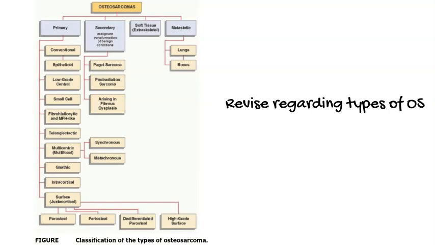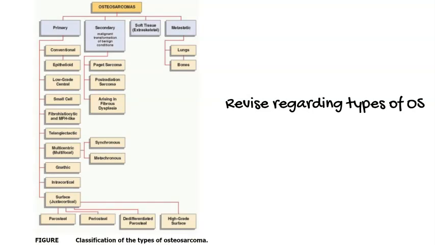For primary, it can be divided into conventional, epithelioid, low-grade central, small cell, fibrohistiocytic, telangiectatic, multicentric, that can be synchronous or metachronous, intracortical, surface juxtacortical, that involves parosteal, periosteal, dedifferentiated parosteal, and high-grade surface.